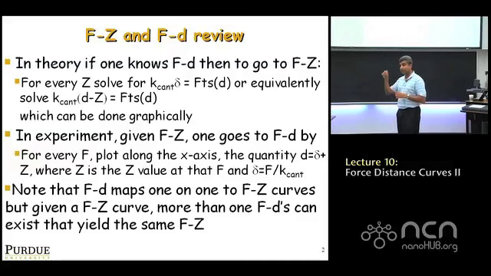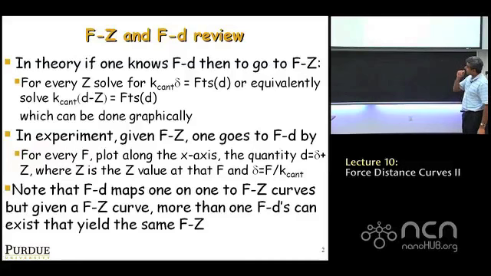Delta is the deflection of the cantilever, the bending of the cantilever due to the interaction force. So k delta is the force that the cantilever applies to the tip to pull it back up. F_TS(d) is the tip-sample interaction force between the tip and the sample. So the tip equilibrates to a position to balance these 2 forces.